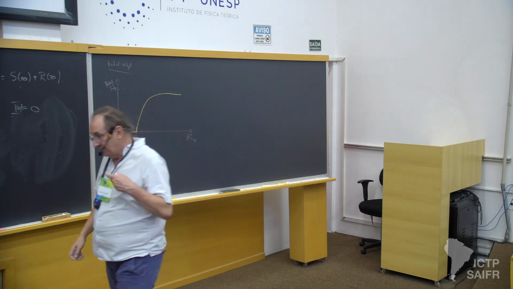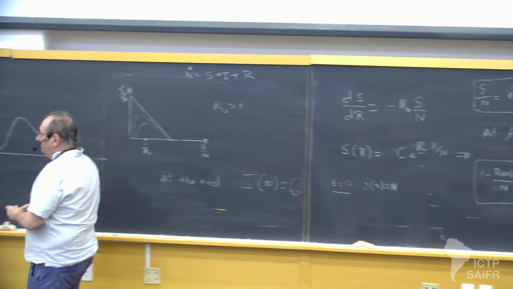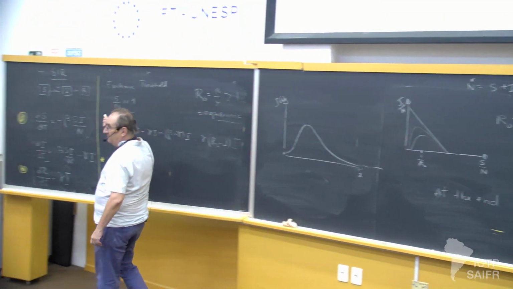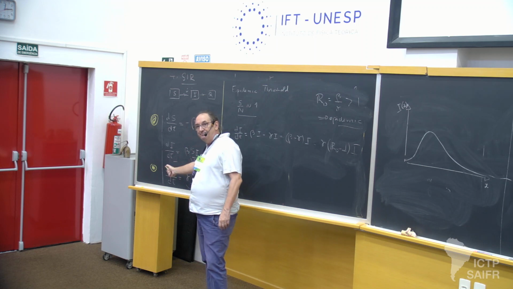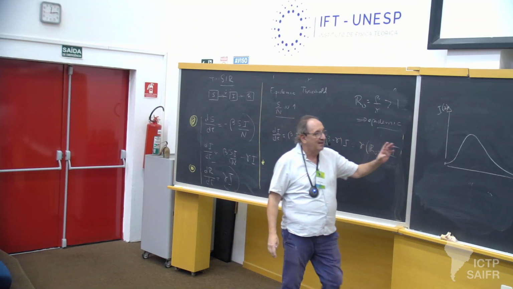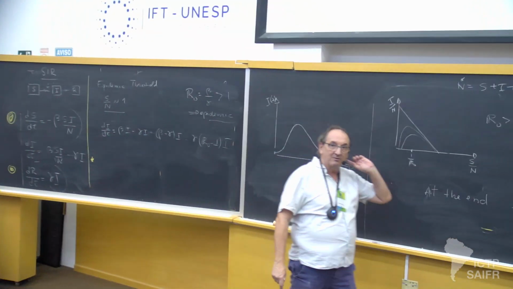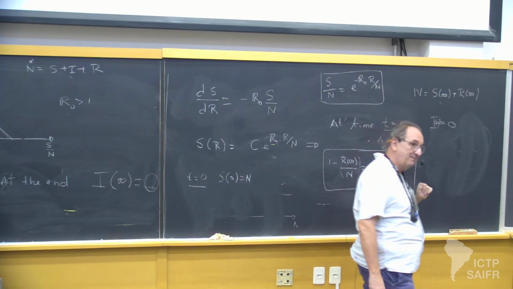But people have shown that even more complicated models can give you a relation between R0 calculated at the beginning and the total epidemic size.